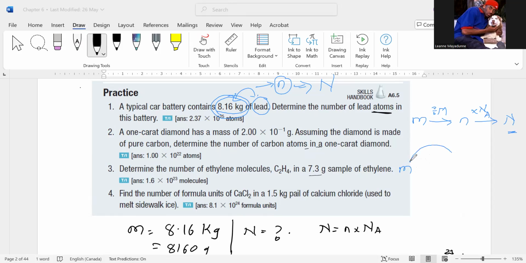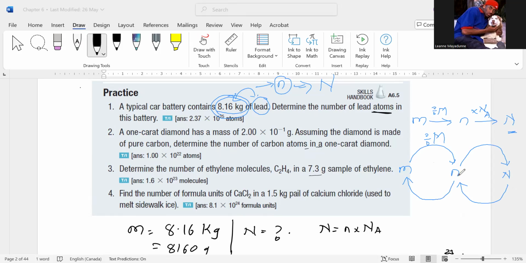So the conversion is mass will be converted to moles, and moles will be converted to number of entities. And number of entities can be converted to moles, and moles can be converted to mass. If you want to convert mass to moles, you divide by the molar mass.